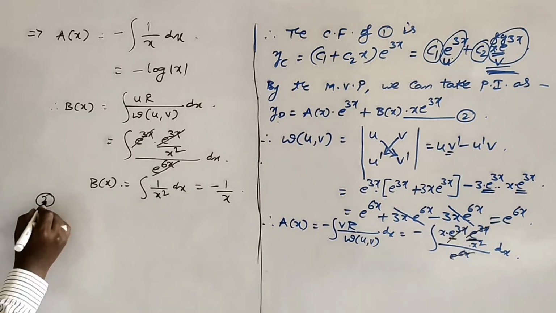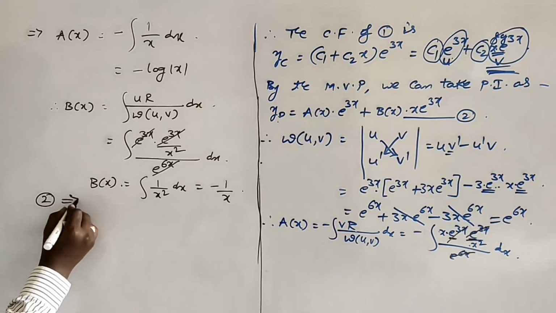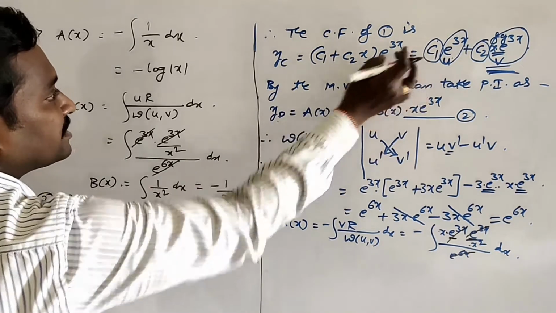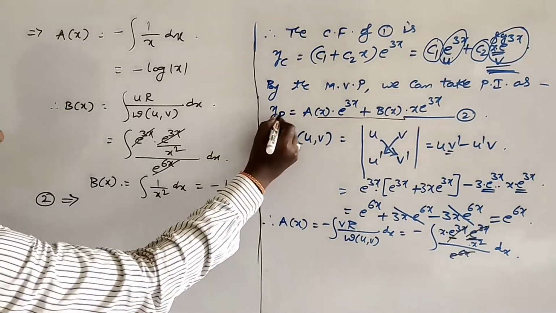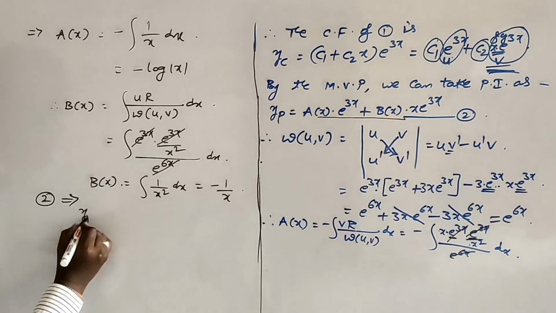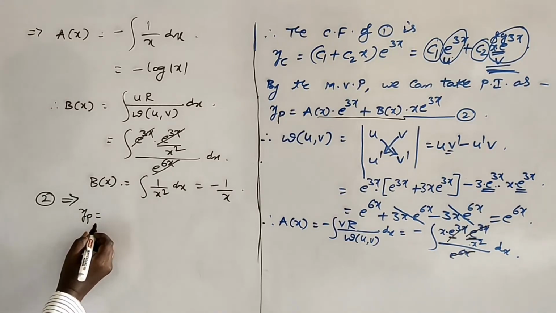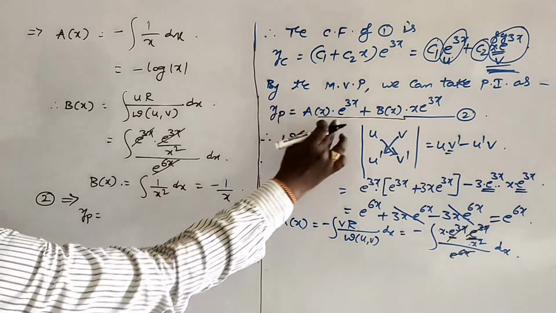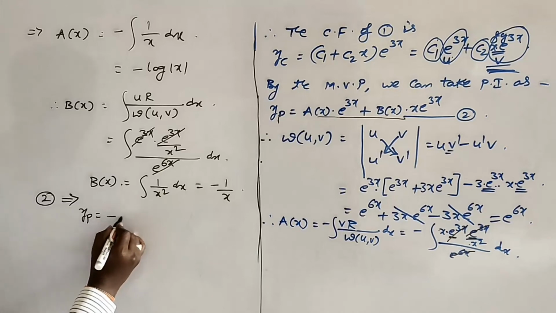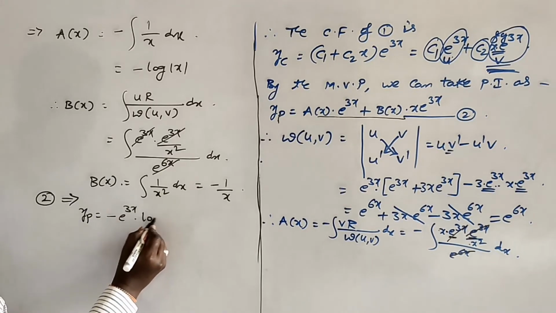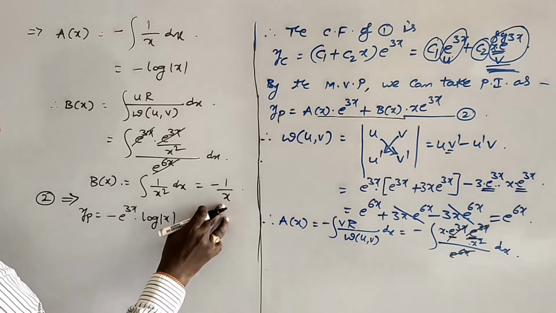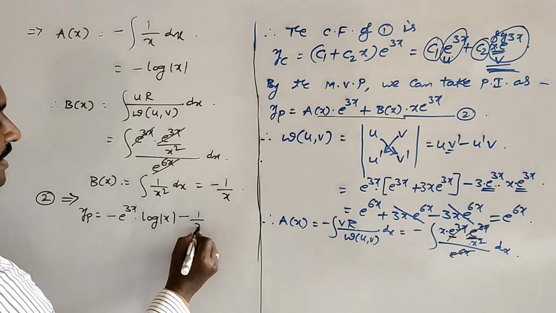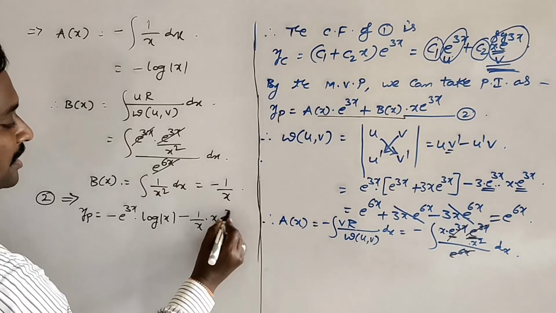So replace a of x and b of x in equation number 2. So you will get yp. yp is equal to the a value. What is the a value? Minus log mod x into e power 3x, so minus e power 3x into log mod x. And the b value is minus 1 by x, minus 1 by x into e power 3x.